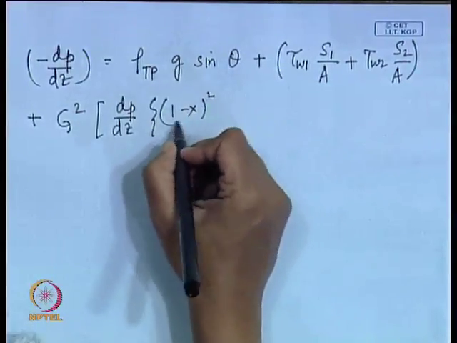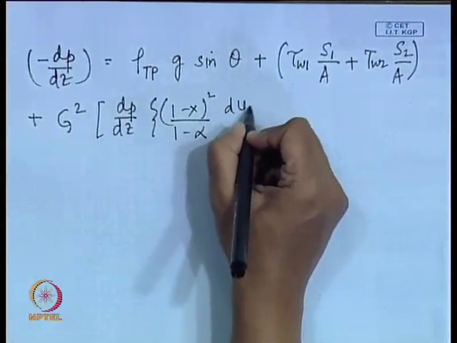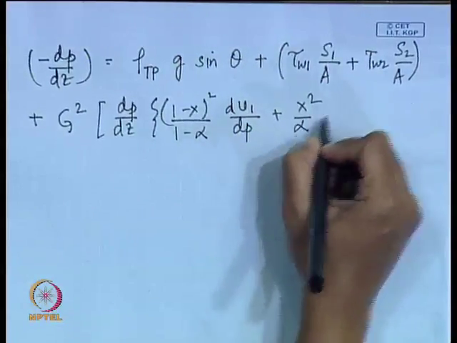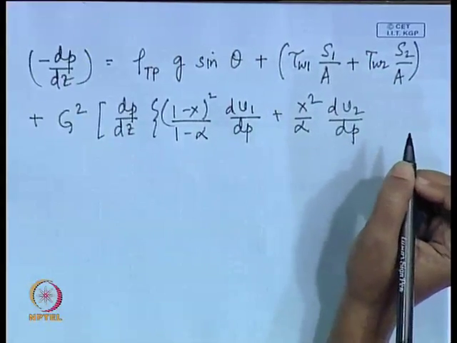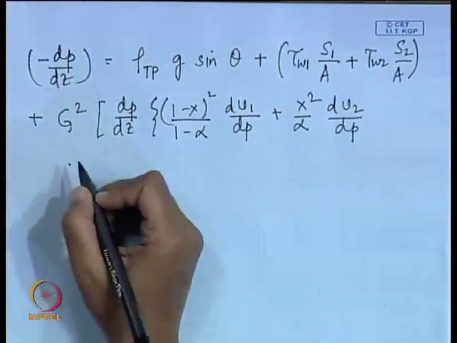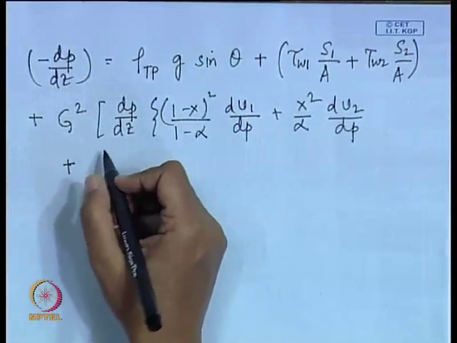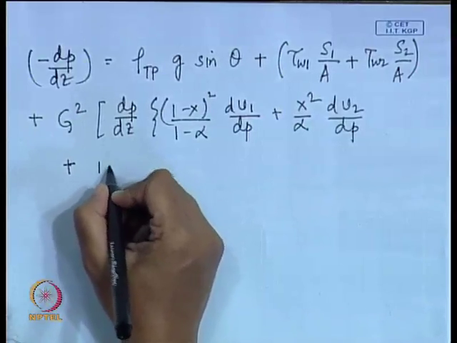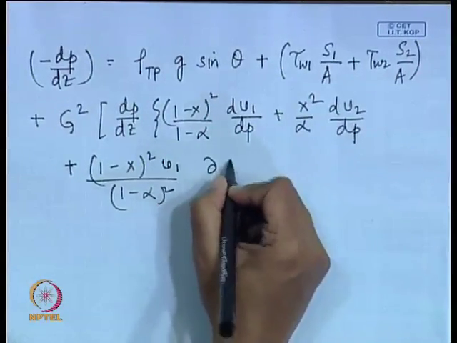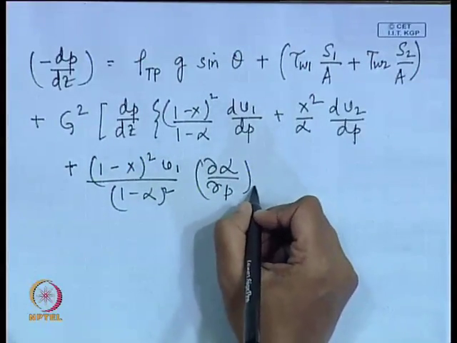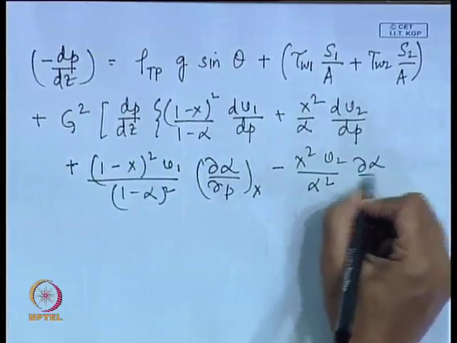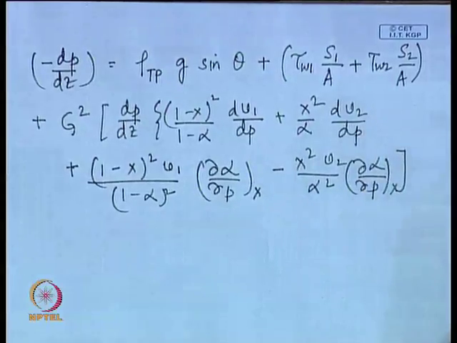You just compare with what you have got: one term associated with dv1 dp, a second term associated with dv2 dp, and one more term, plus 1 minus x square v1 by 1 minus alpha square del alpha del p at constant x, minus x square v2 by alpha square del alpha del p at constant x.